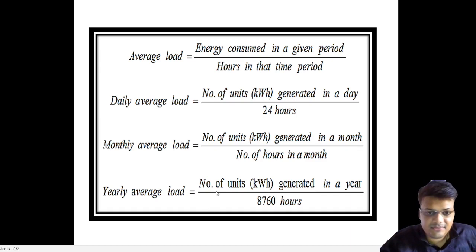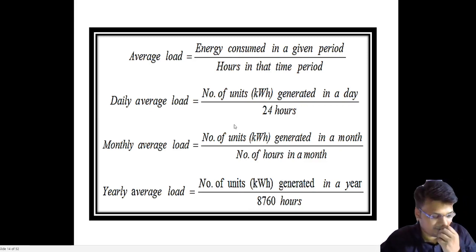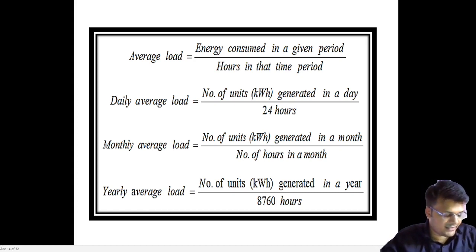If the units generated are in kilowatt hour, you simply convert the value into kilowatt hour, then divide by 8760. You can solve in megawatt too, but if it is given in kilowatt, there is nothing different in the formula. To convert into kilowatt hour, multiply by 10 to the power 3 if it is given in megawatt, and you will get the answer.